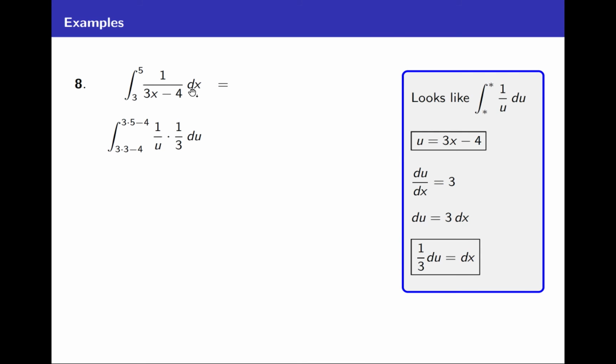But in going from the variable x to the variable u in this line, we have to convert our x limits of integration to u limits of integration using the conversion formula u equals 3x minus 4. So up here, when x is 5, u is going to be 3 times 5 minus 4. And down here, when x is 3, u is going to be 3 times 3 minus 4.